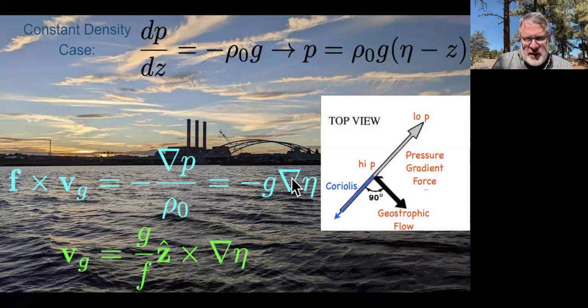And you can do the same game with that, move the f cross to the other side, and you get this formula. So now we're saying from low pressure to high pressure is from low sea surface height to high sea surface height. And the geostrophic flow goes perpendicular to that pressure gradient force, which is just totally due, in this case, to the sea surface height variations. Sea surface height variations here as well. Does that make sense to everybody?